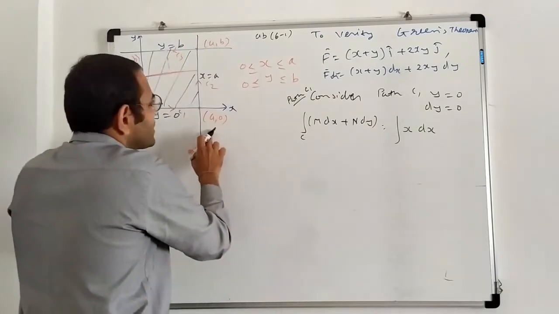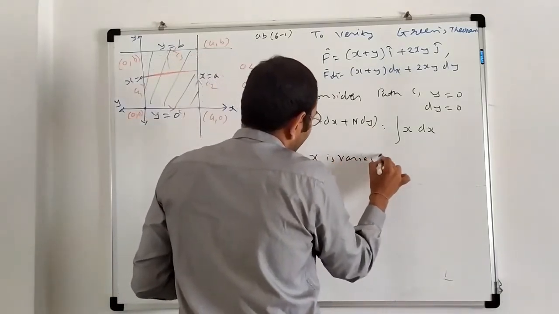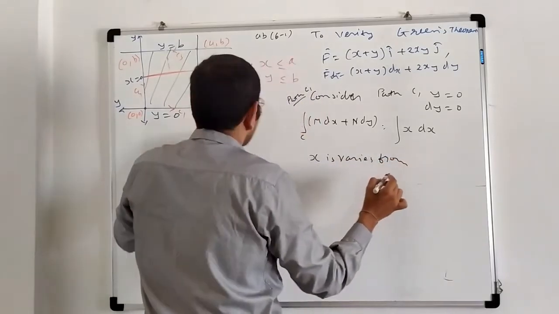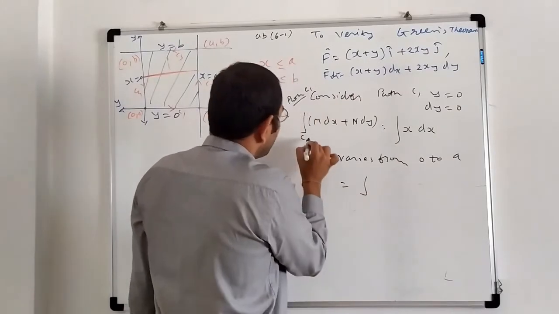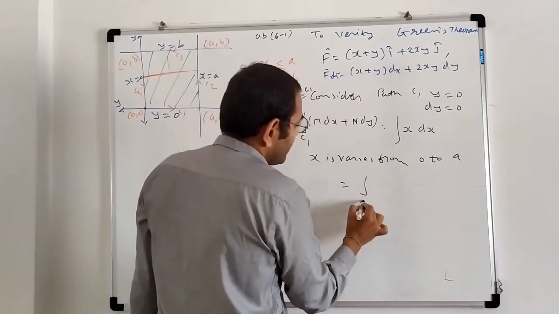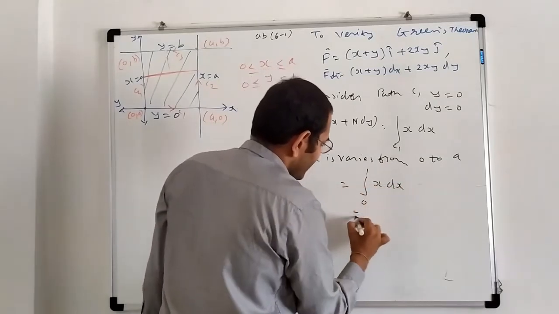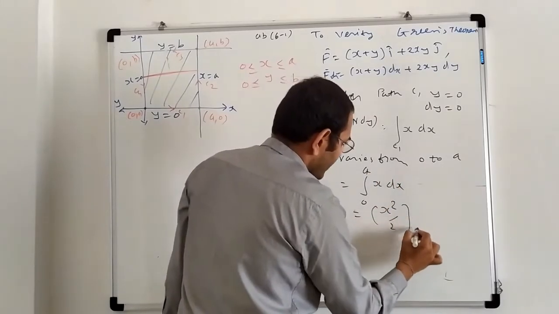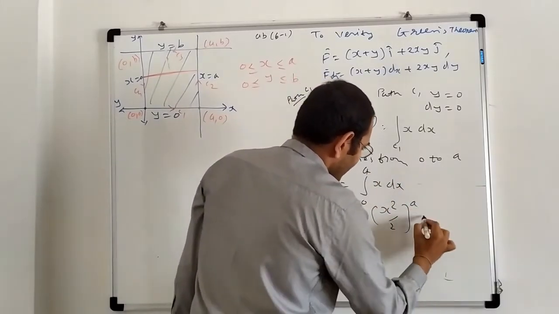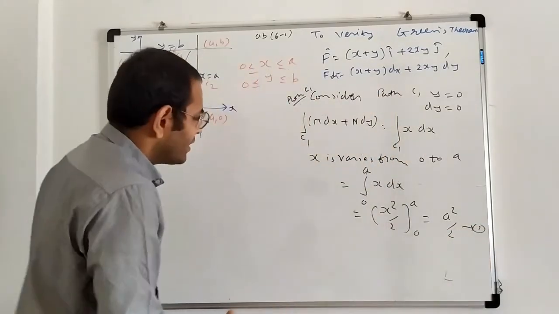Now x varies from 0 to a. The limit for path C1 is 0 to a, integral of x dx, which is x square by 2 from 0 to a. Then the answer is a square by 2. That is our equation number 1.